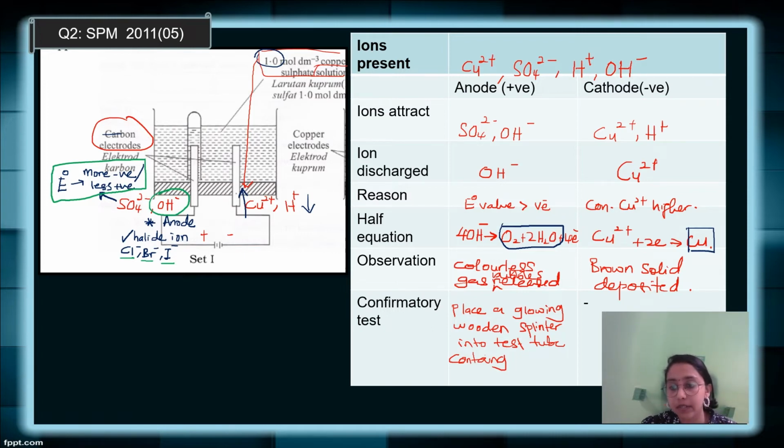So, containing the gas. The result will be: the glowing wooden splinter relights. Okay, that's how we write the confirmatory test. For copper metal, there's no confirmatory test involved. So remember, a confirmatory test is only for gases or the cations or anions to be tested.